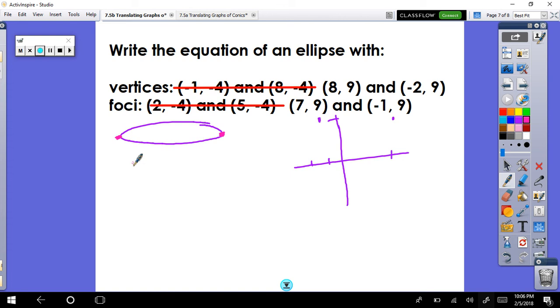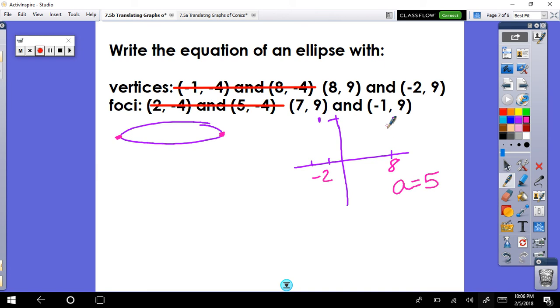So I can find the center then by trying to find the middle of these 2 points. So I'm going from 8 to -2. So the distance between 8 and -2 is 10. Cut that in half, and you have a distance of 5. So that means A is 5.